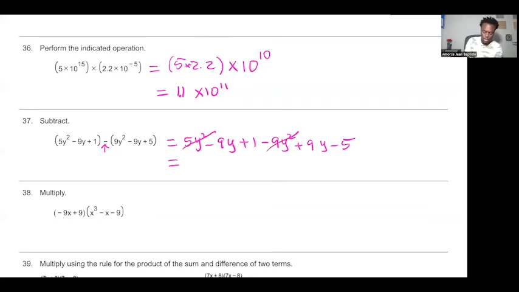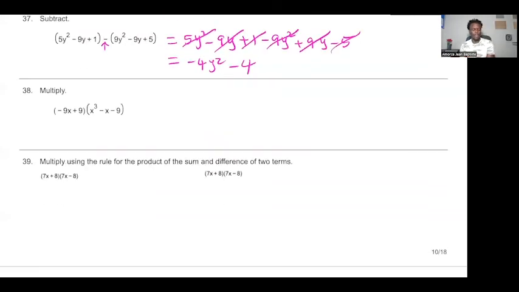That is going to be negative 4y squared. Negative 9y plus 9y, that's 0, and it's gone. And then plus 1 minus 5 is negative 4. That's my answer. If you want to factor it, don't worry about that. Don't do it.